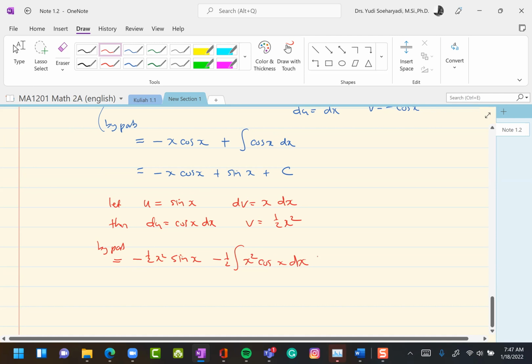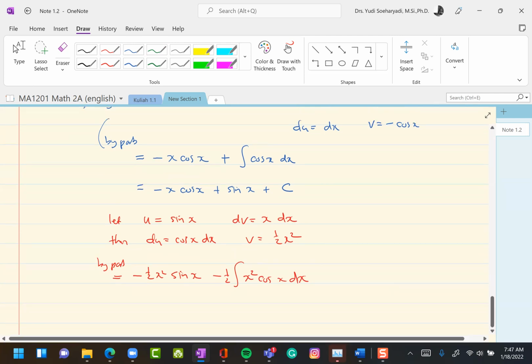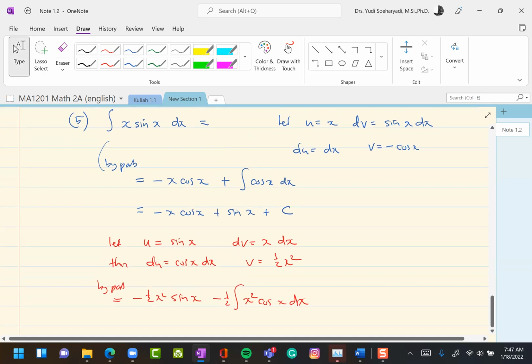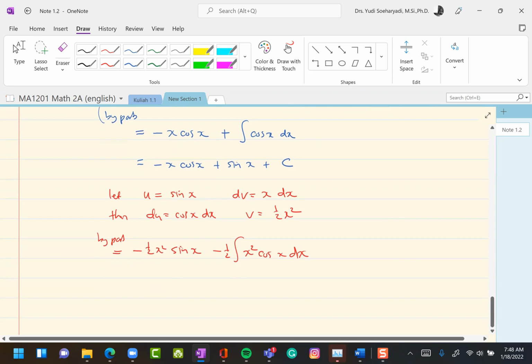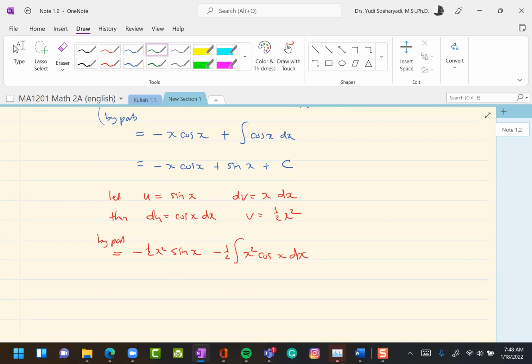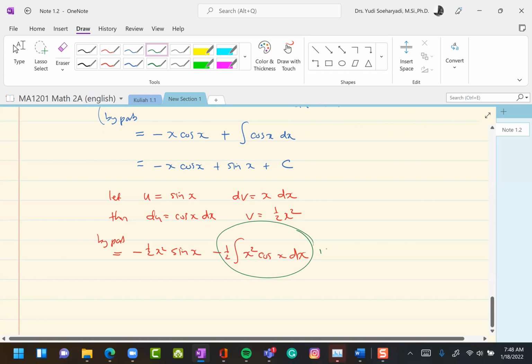Again, this is more complicated than the original integral. Why? Because sine and cosine are basically the same trig functions, the same in level of difficulty. The thing is, this is x squared, so this is more complicated than the original integral.